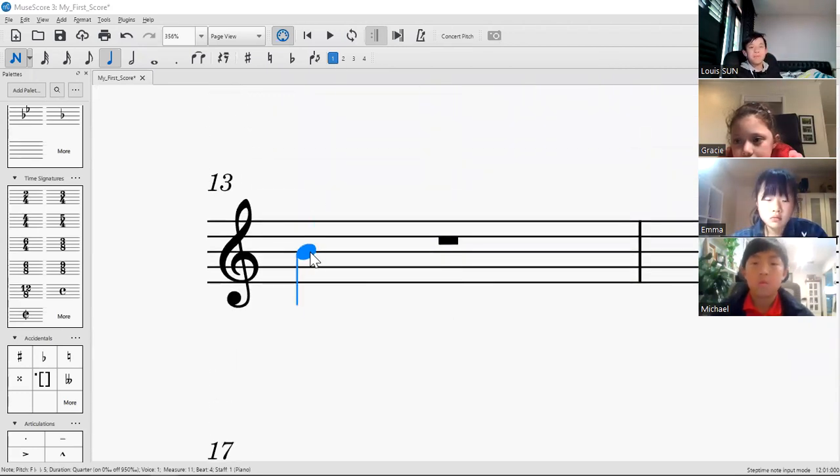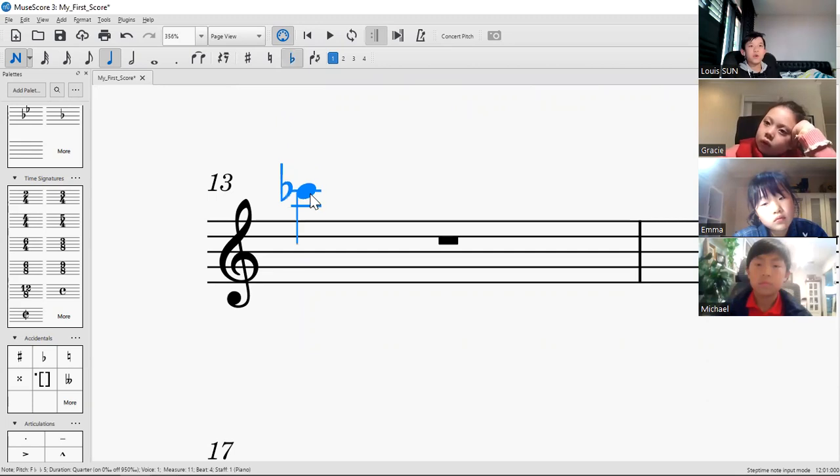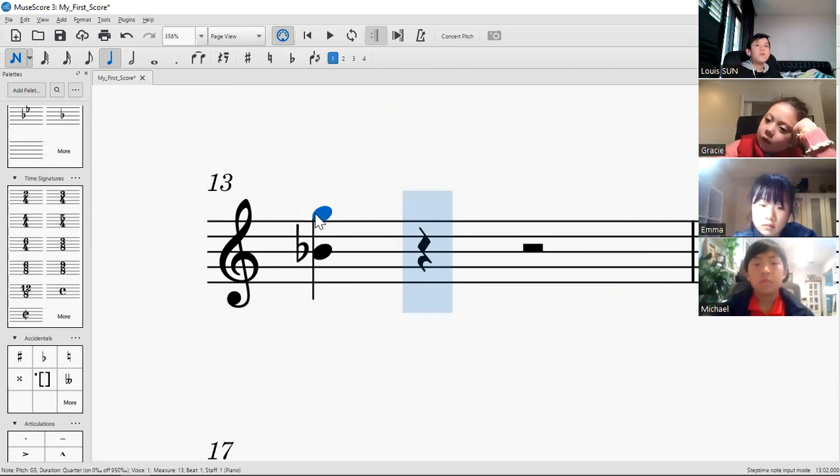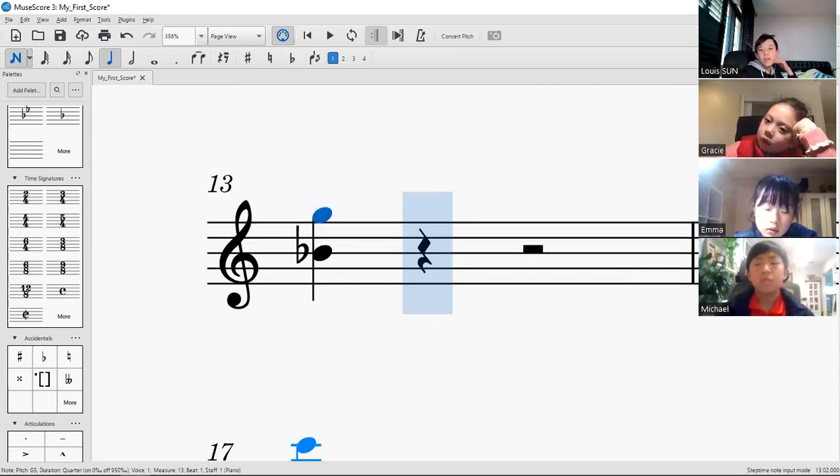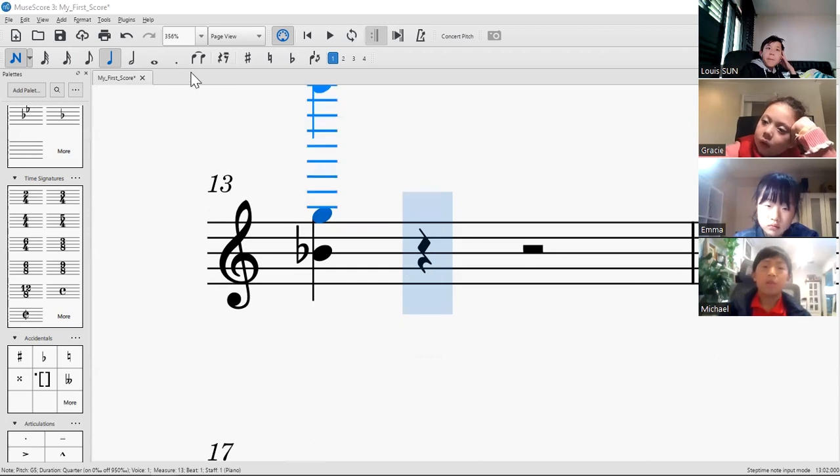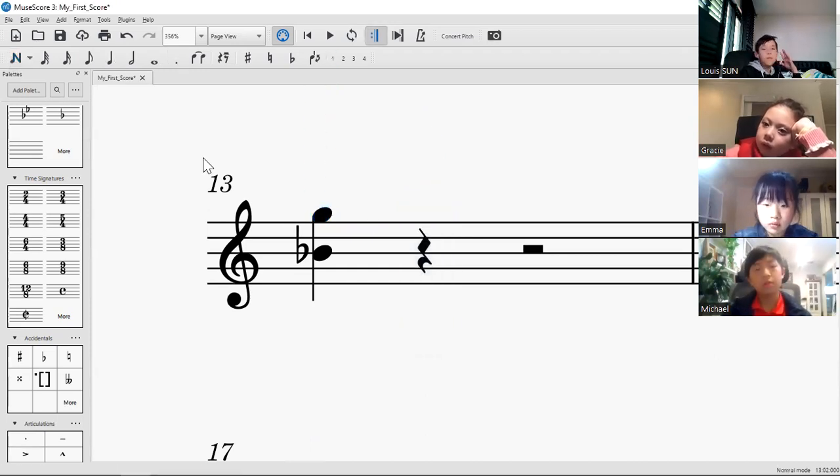So you have to name the inversion of the interval that I write on the board as quickly as possible, in the chat. Gracie, you have to name the inversion.